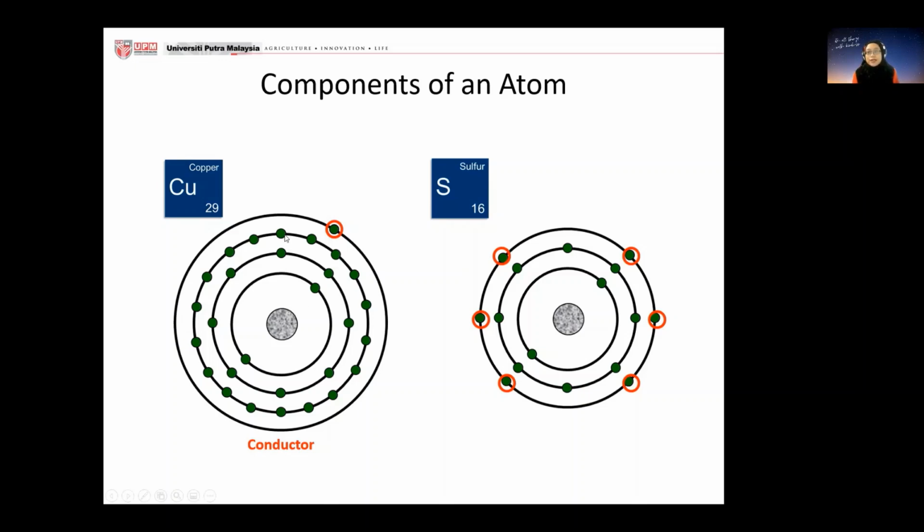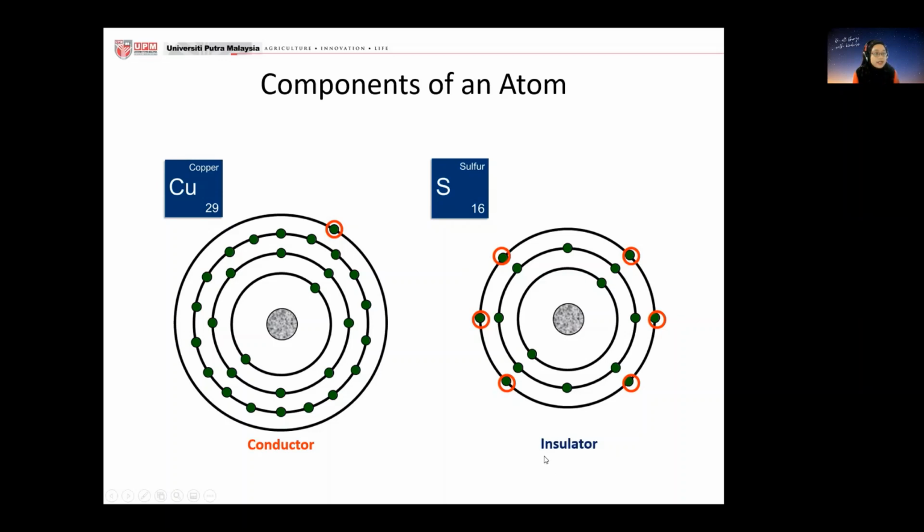So if you have something like copper, the electron wants to move out from the atom. So that makes it a conductor because the electron is easy to move in or out. Whereas for sulfur, because you have 6 here, it's much harder for sulfur to lose all 6 electrons rather than getting 2 in, because they want to fill it up.